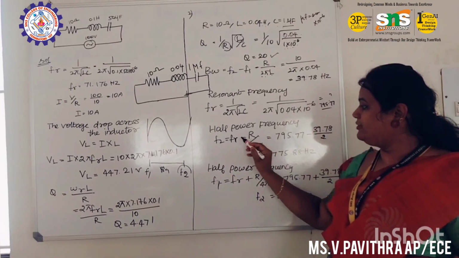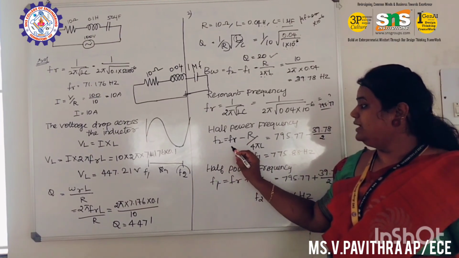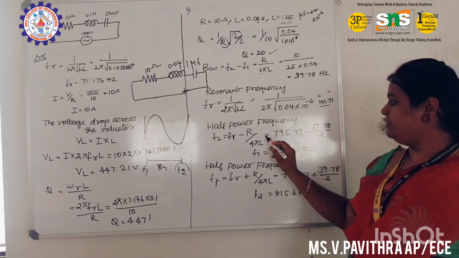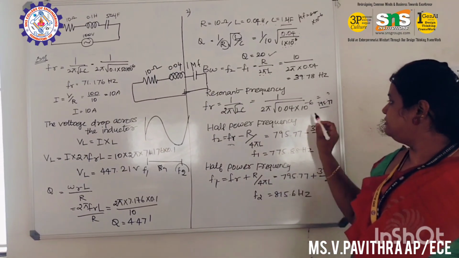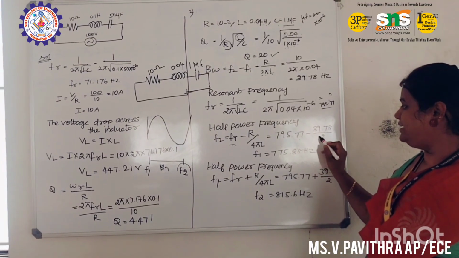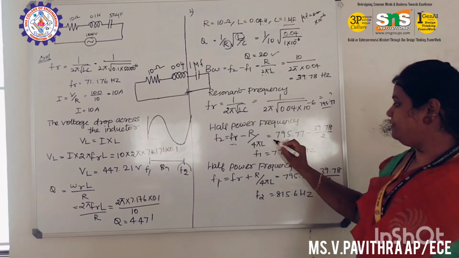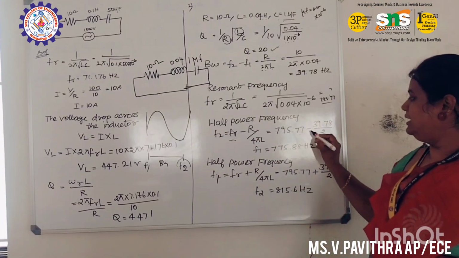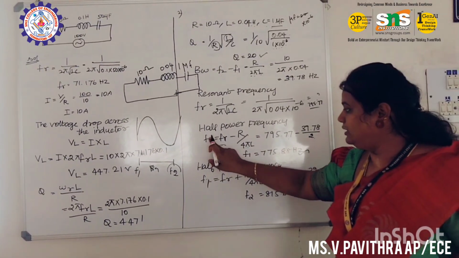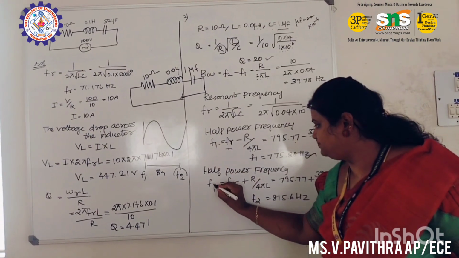Then the half power frequency. The half power frequency F1 is equal to Fr minus R divided by 4 pi L. This Fr is nothing but 795.77 minus 39.78 divided by 2. So R is the value we have substituted here, and if you find this difference, you will get the F1 frequency. Sorry, this is F1 and this is F2.